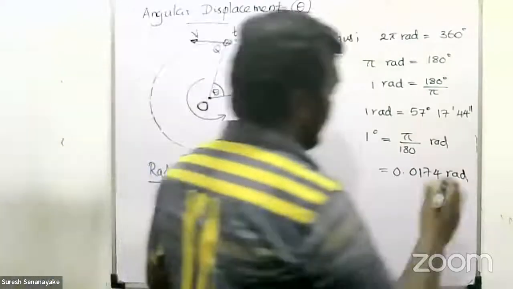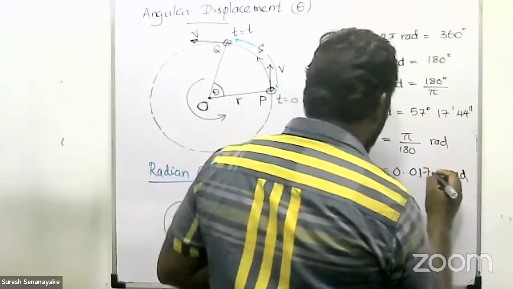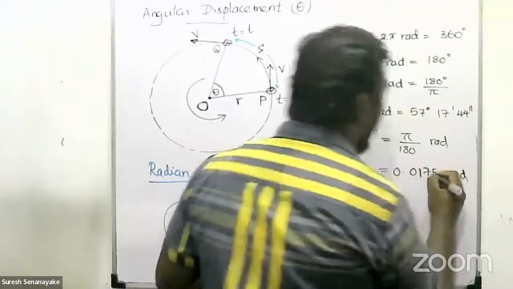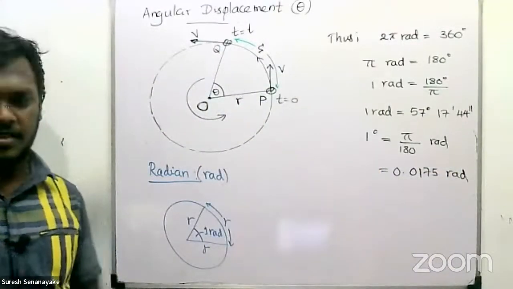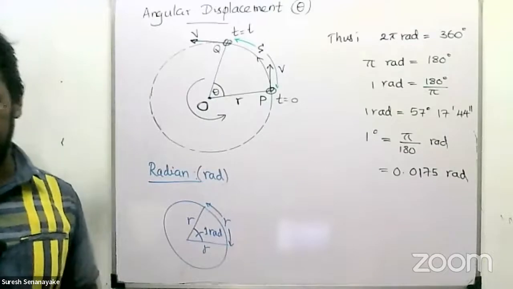You can consider this as approximately 0.0175. Okay, note it down.